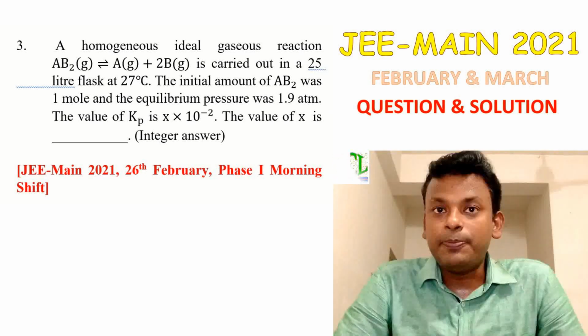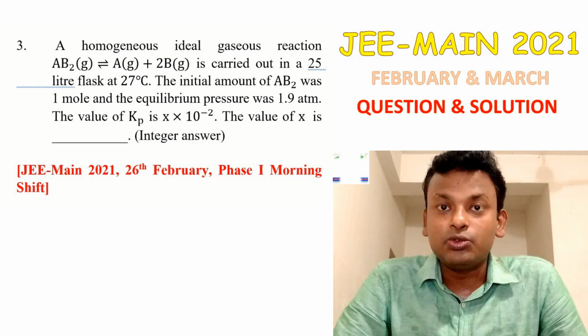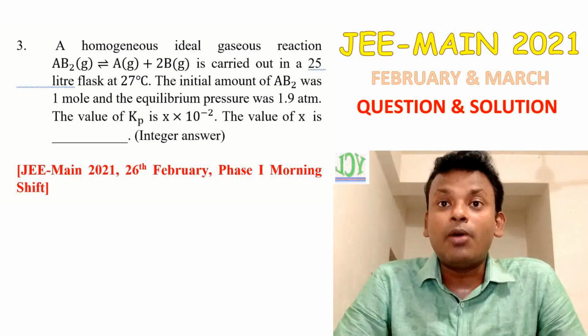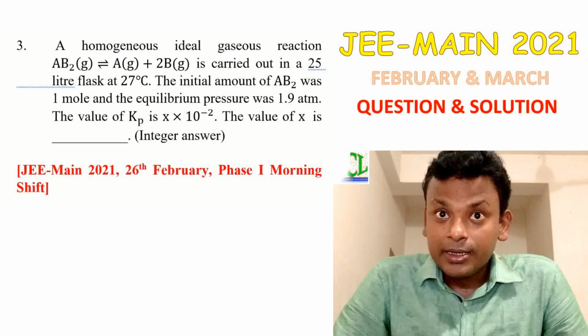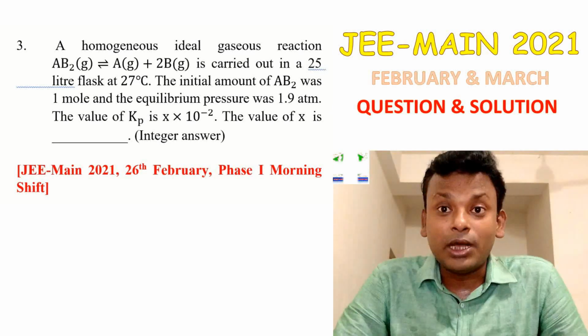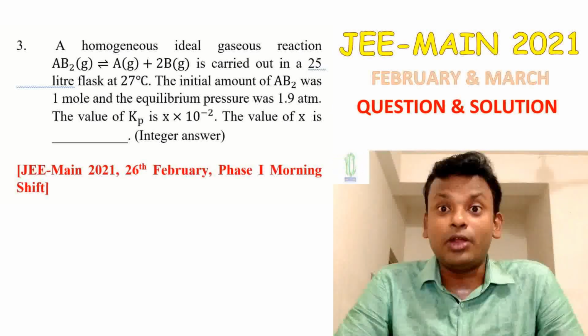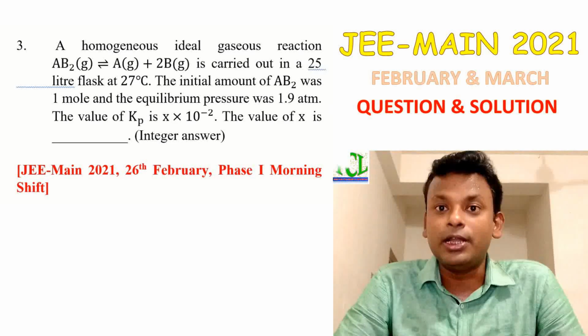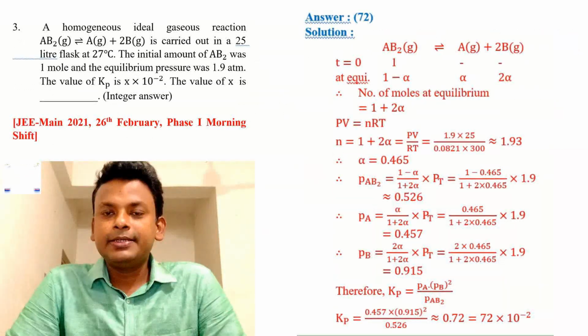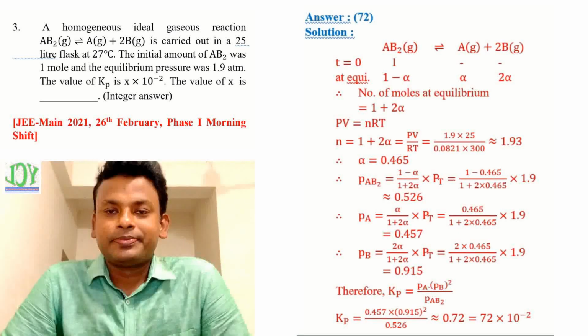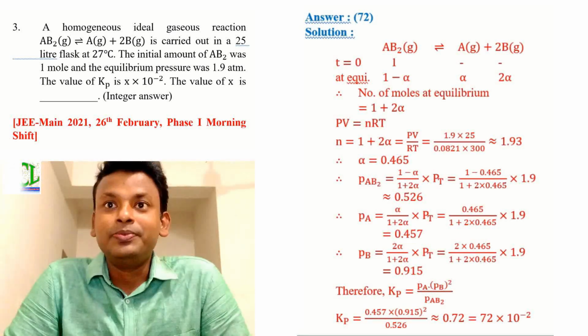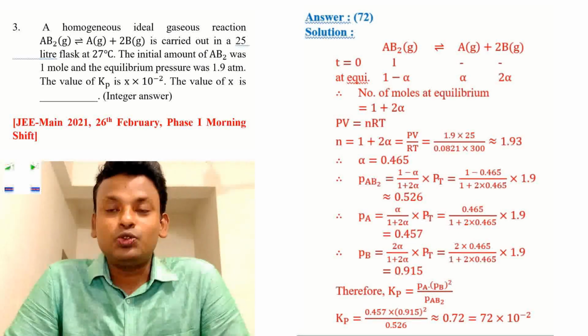The value of Kp is x into 10 to the power minus 2. The value of x is... This question was set in 2021, 26th February, shift 1, morning shift, and the answer is 72. First, AB2 gives A plus 2B.